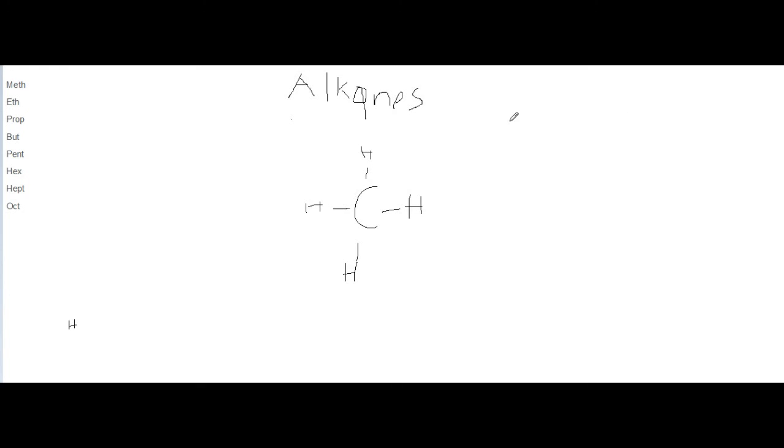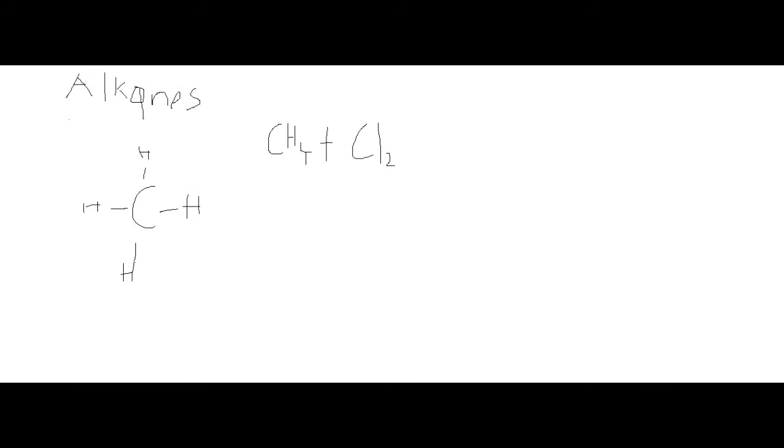And one such reaction is the reaction between methane and chlorine. And what will come of this reaction? By the way, the catalyst for the reaction is UV light. Light is required to split the bonds between the hydrogen and the carbon.